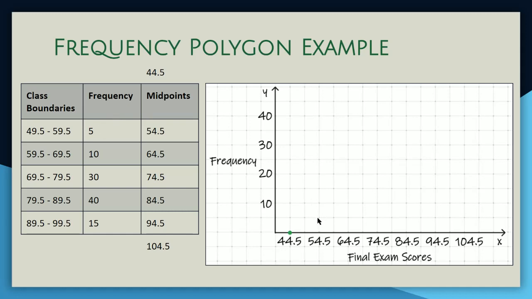So that's going to be right here. 64.5 and 10. 74.5 and 30. 84.5 and 40. 94.5 and 15. And then that very last one, 104.5 and 0.